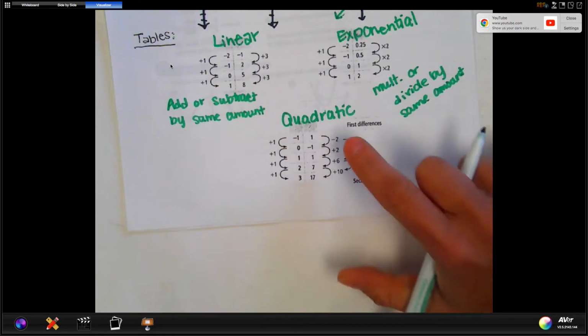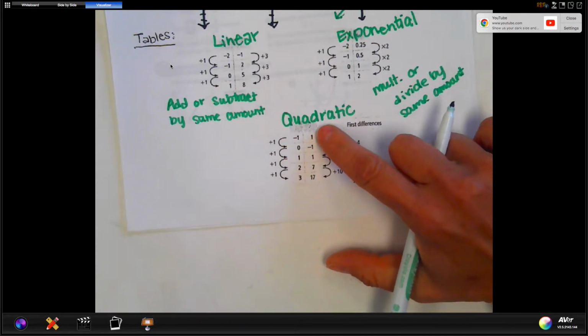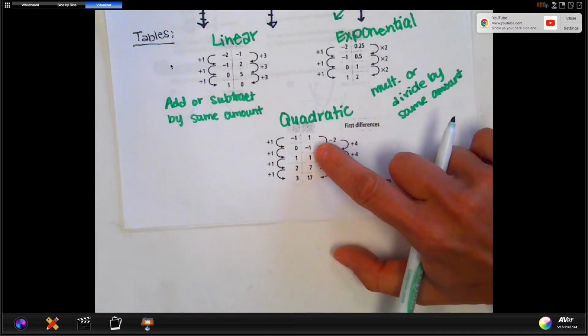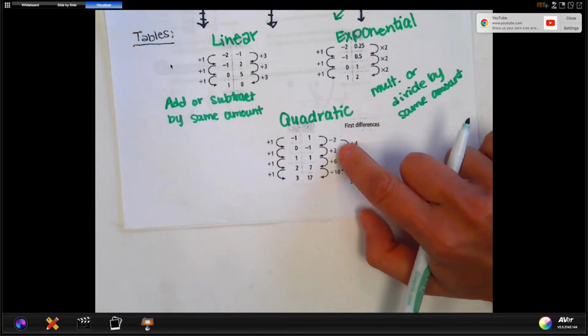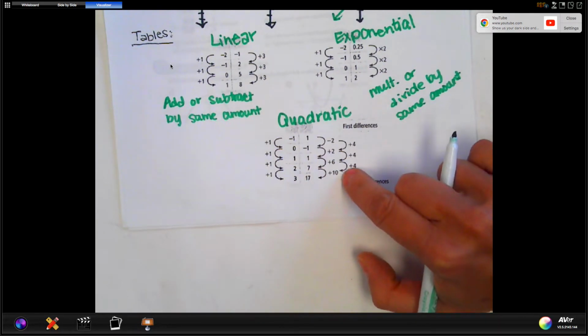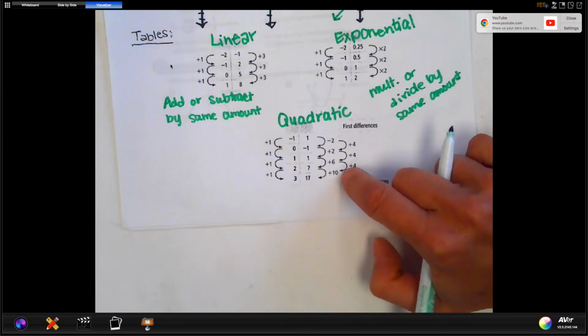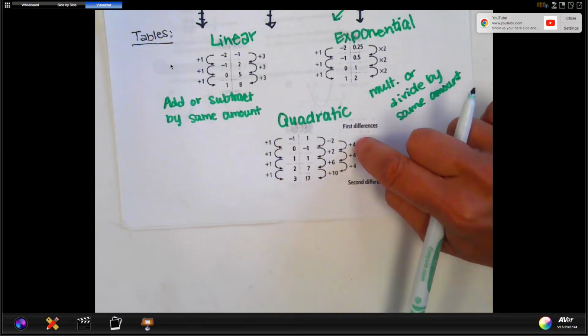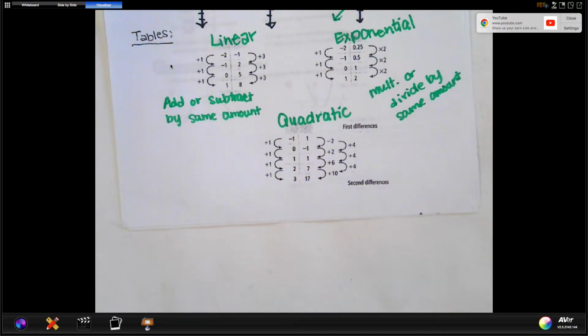And then the quadratic, which we haven't really discovered yet, has something called a first difference. The difference between 1 and -1 is -2. And then the difference between -1 and 1 is +2. 1 and 7 is 6, and then 7 to 17 is 10. But if you go a second time, there's a second difference. The difference between the second numbers is always 4.